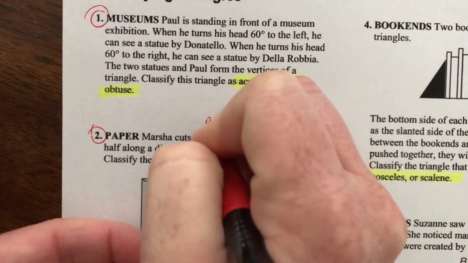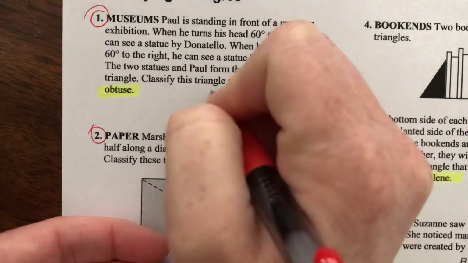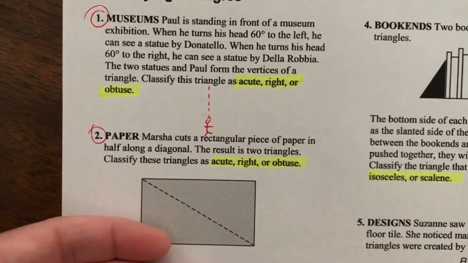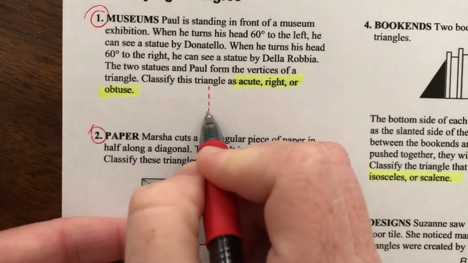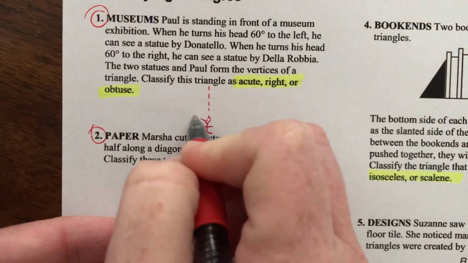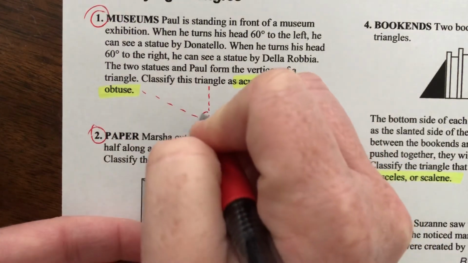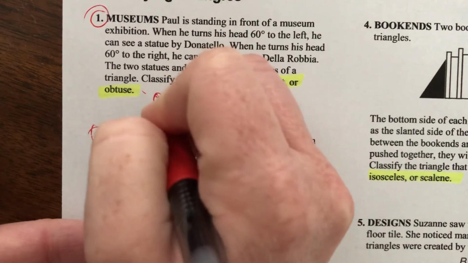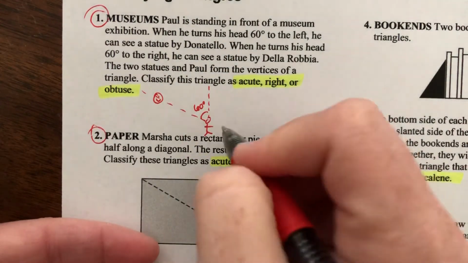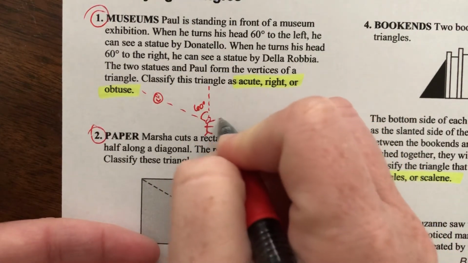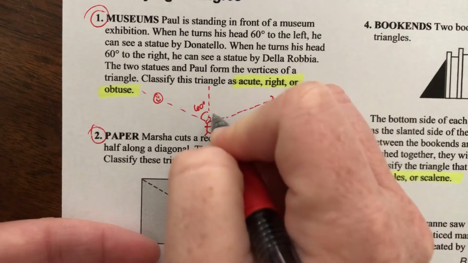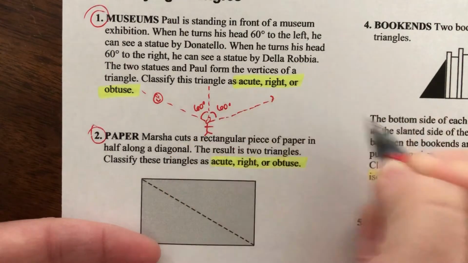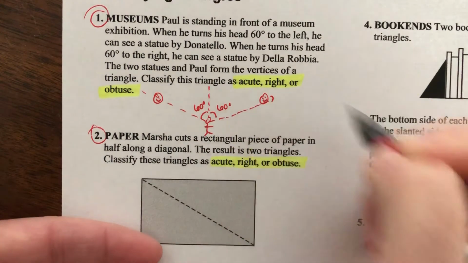Well, here's Paul, right? And if he was looking straight ahead, this would be his view, right? But he's going to look 60 degrees to his left. So he's going to look in this direction. This is 60 degrees. And he's going to see a statue over here. We'll put a little smiley face. That's one statue. And then when he looks 60 degrees to the right, 60 degrees this way, he sees another statue over here.